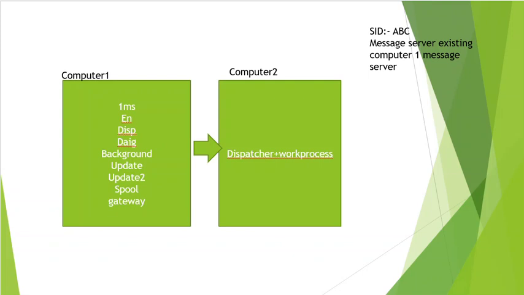That means one single SAP system can have only one message server and only one enqueue server. But we do have another option for the backup of this enqueue server, which we call the enqueue replication server. We'll see that one.